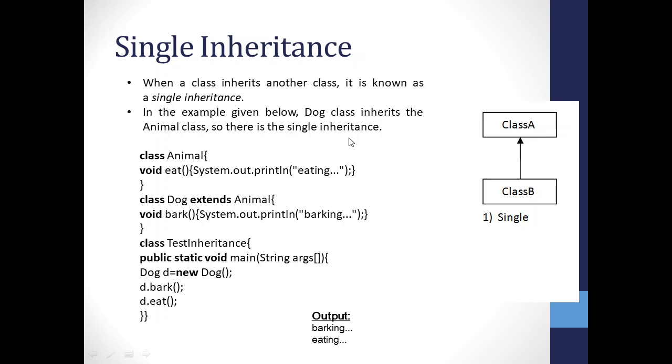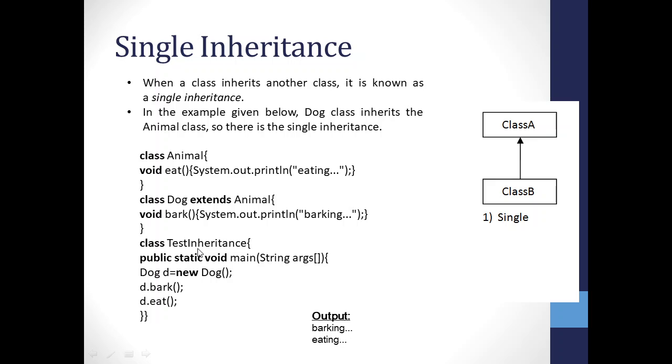In the previous example, employee and programmer was also a single inheritance. Here we have the class Animal with void eat, System.out.println of eating. The Dog class extends Animal, with a bark method that prints barking.